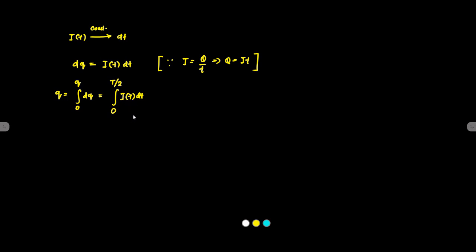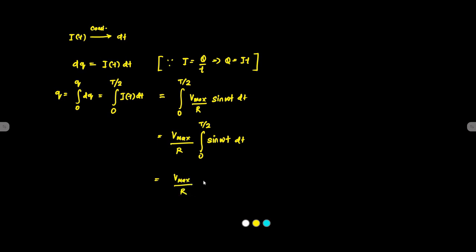So here we'll replace it with the original expression, which is equal to the integration from 0 to T by 2 of V max by R sine omega t dt. That is equal to V max by R times the integral from 0 to T by 2 of sine omega t dt. Now we'll integrate sine omega t dt, which gives V max by R times minus cos omega t by omega.